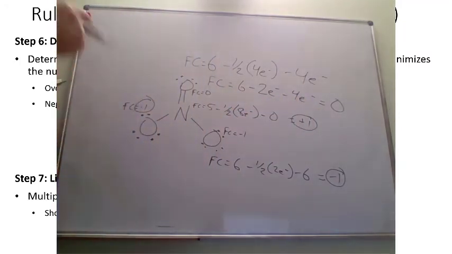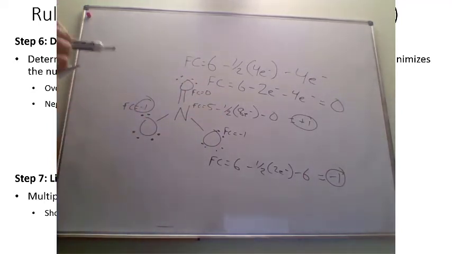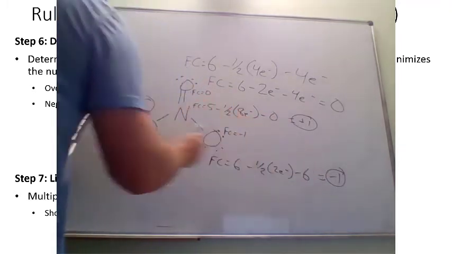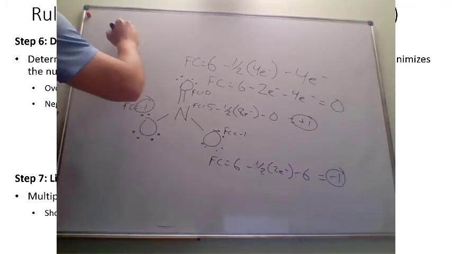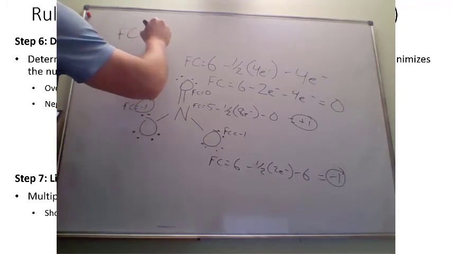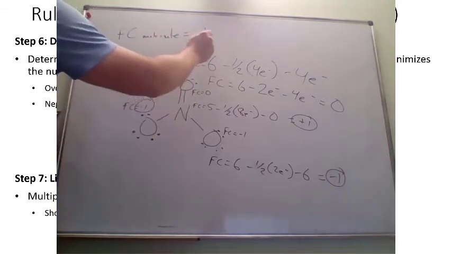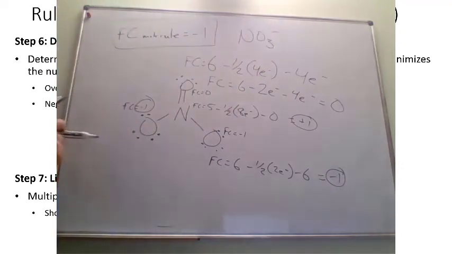Okay? So the overall summation of all of the formal charges on all the atoms has to equal the overall charge on the molecule. So 0 plus 1 minus 1 minus 1 gives us an overall formal charge on the molecule equal to -1. And if we remember, we're making NO3 minus.